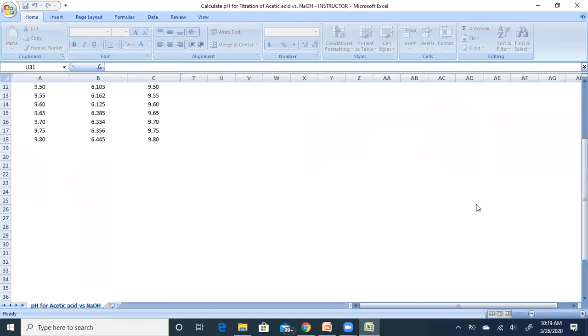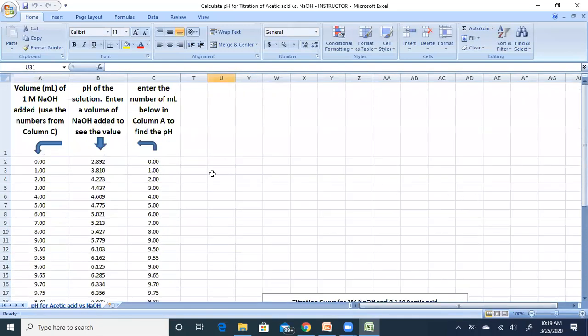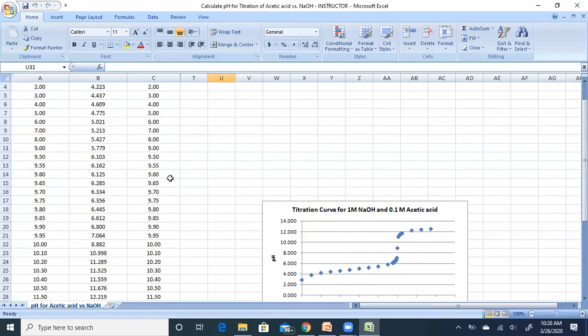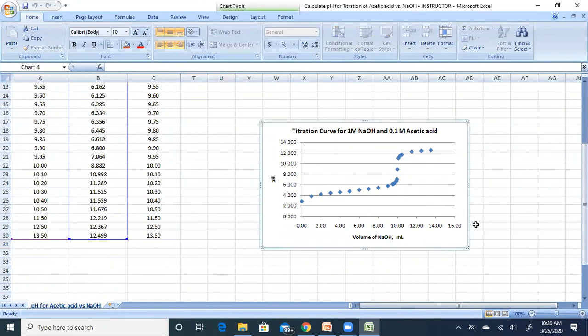You enter the volume for the NaOH, you get the pH, and then you take this volume and pH and have this graph. So one way to identify your equivalent volume or equivalent point is to make a graph like this.